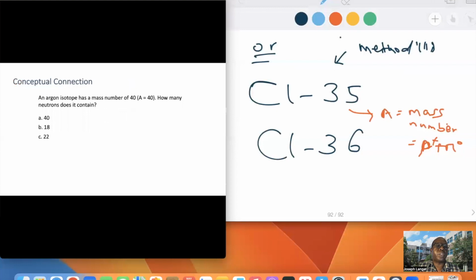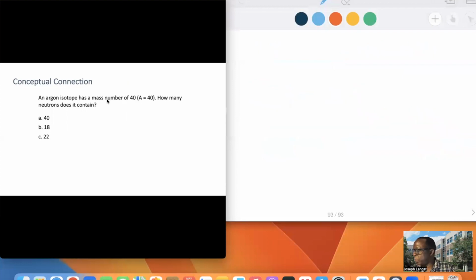An argon isotope has a mass number of 40. So here is the mass number, underline the words mass number. I'll say argon 40, and then 18. How many neutrons?